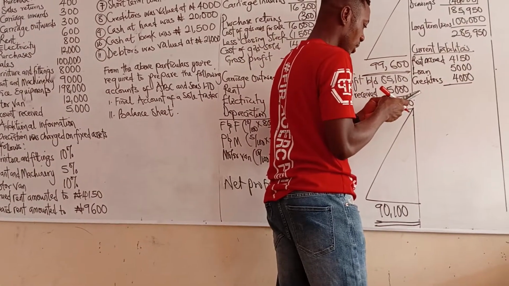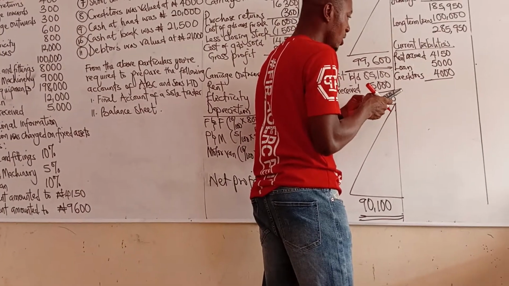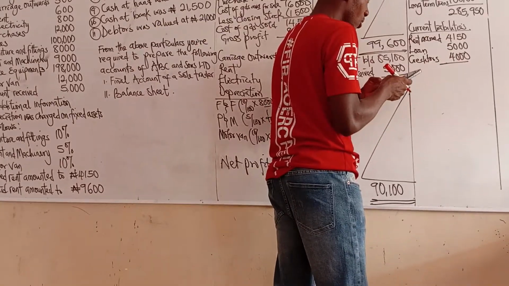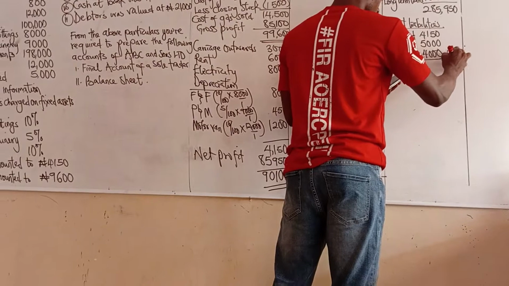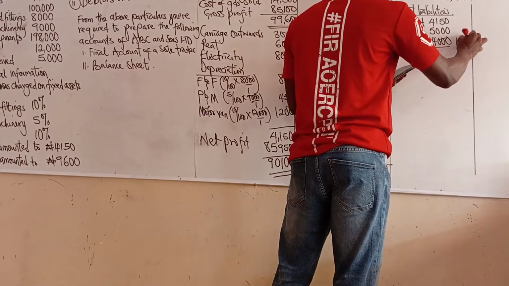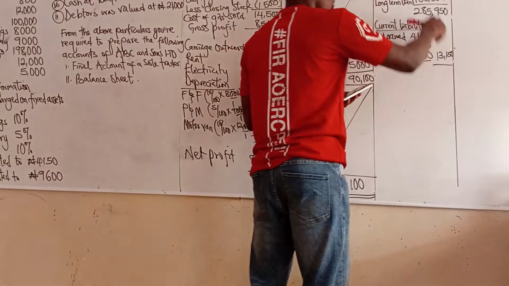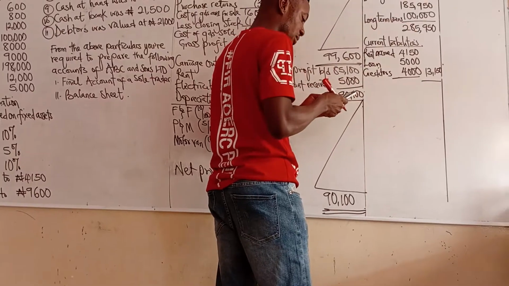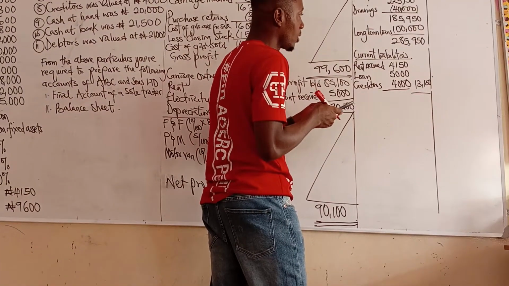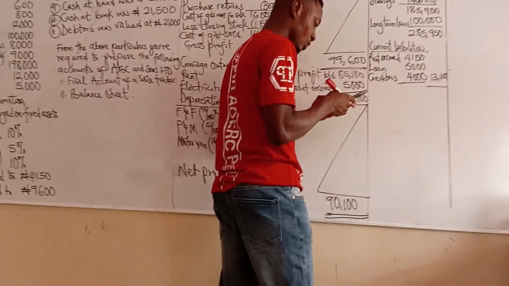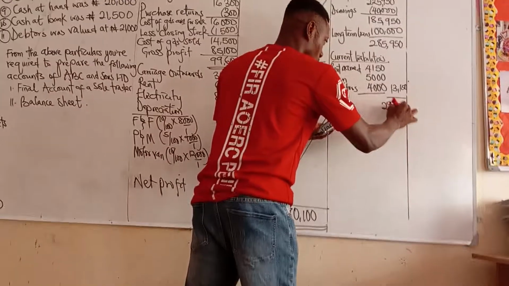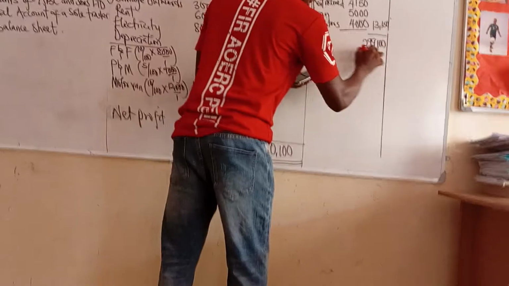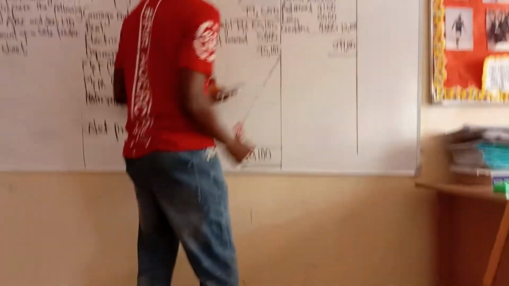So I have 4,150 plus 5,000 plus 4,000. This gives me 13,150. Now add this 13,150 to 285,950. This will give me a total of 299,100 under my debit side of the balance sheet.